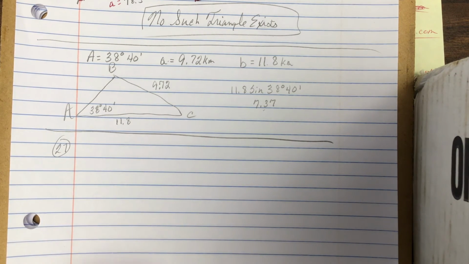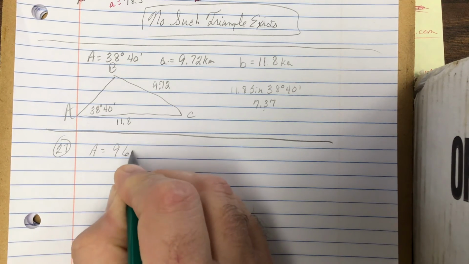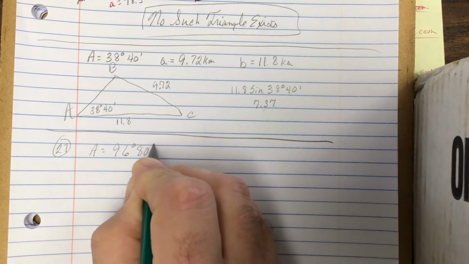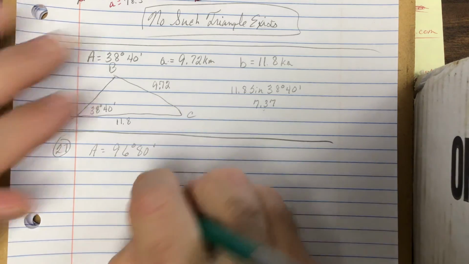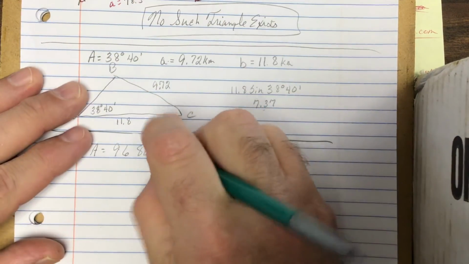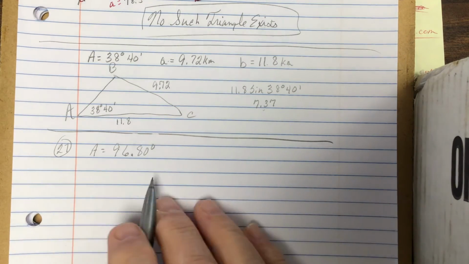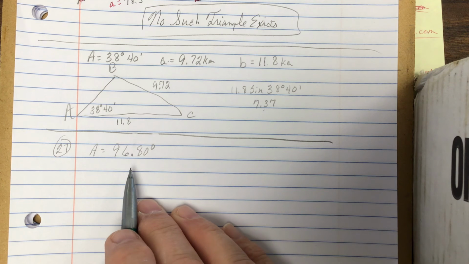It says there that angle A is 96.80 degrees. I started to say, why is that 80 minutes out there? They wouldn't leave it like that. It's because I didn't read it right. 96.80 degrees, so you see significant digits come into play here.